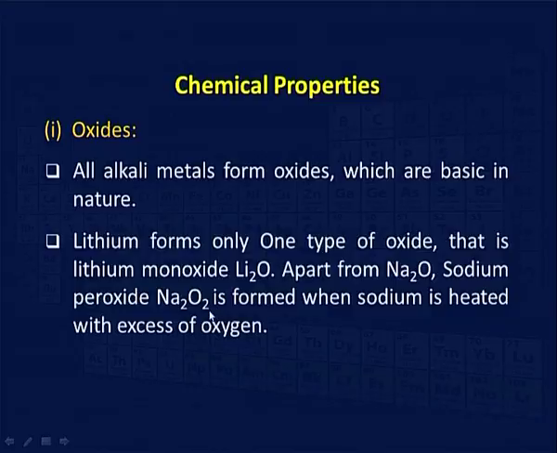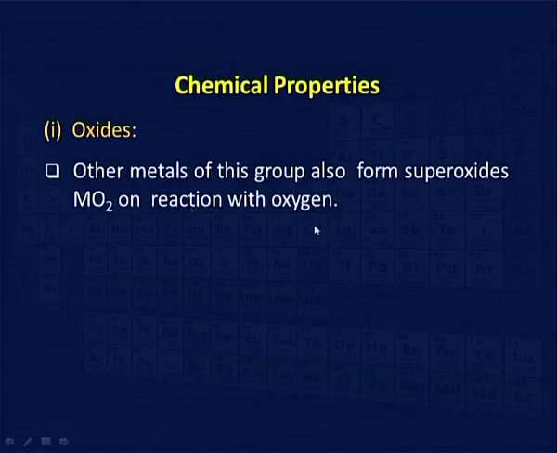Now, Na2O2 can be formed, but it cannot form NaO2, because it is not big enough, whereas potassium, the next member, as the size is increasing, can form further oxides. You can see potassium can form 3 types of oxide, including this MO2 type, which is called superoxide.